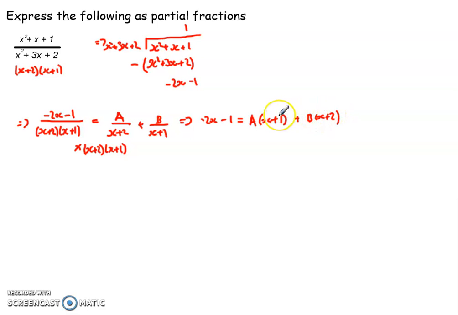Same drill: substitute values of x in to find the a and the b, and then we can combine the whole lot together. So if I pick x equal to negative 1, on this side I've got negative 2 times negative 1, so 2 take away 1, which gives me 1. That equals, well, a disappears, and for b I've got negative 1 plus 2, which is 1, so b is equal to 1.